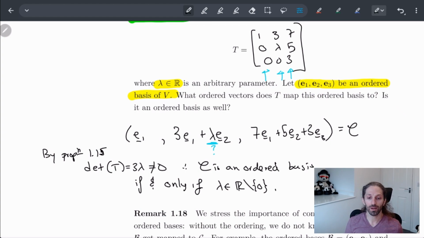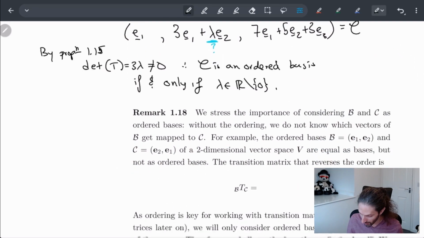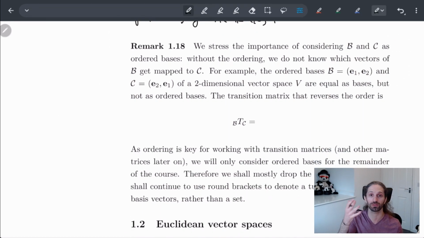Now, you might be at this point going, okay, you keep saying ordered basis, ordered basis, but why? Who cares? We keep stressing it because it's actually very important, and I'll show an example of why.